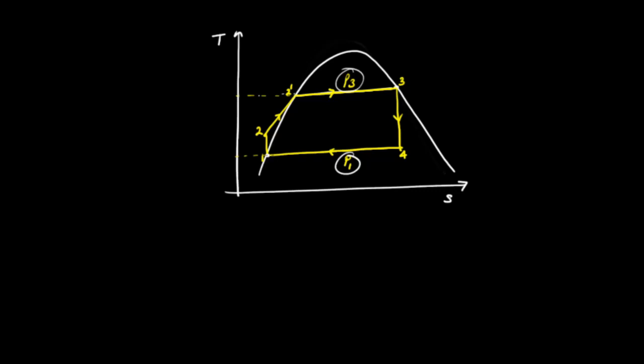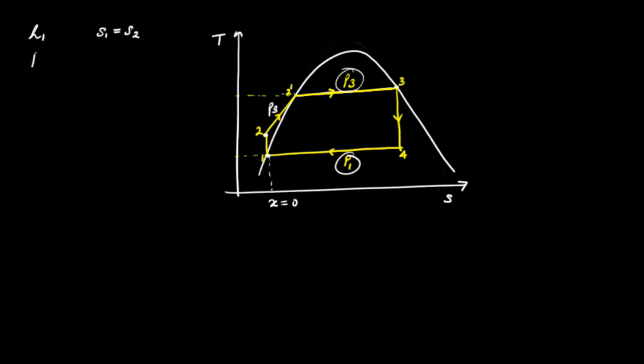So the way to do it is that, if we know pressure P1, then we know that at point 1 the quality is 0 because the substance is at the saturated liquid state. So we can look up the tables or use software and determine the enthalpy at state 1. Now we know the pressure, which is the same over this process 2 to 2 prime, over which heat addition is taking place, and we also know that S1 is equal to S2.